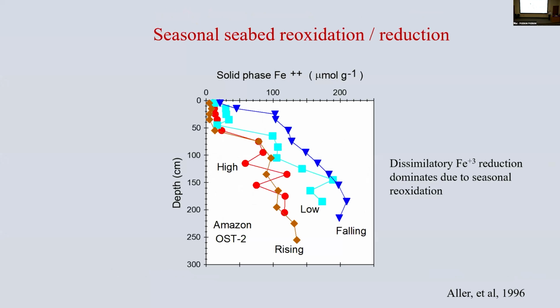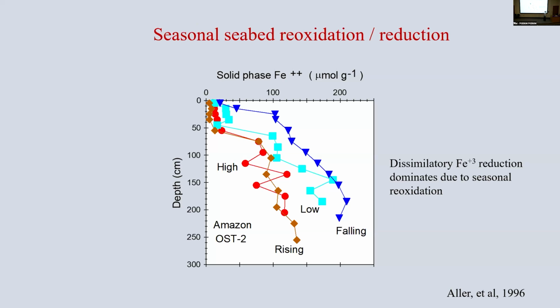Okay, now when the seabed is disturbed and mixed and exposed to oxygen, all the reduced material in it is oxidized, or a large portion of it. This shows the solid phase iron components of the seabed at a station in that same region that Steve Kuehl did that seasonal mixed depth study.